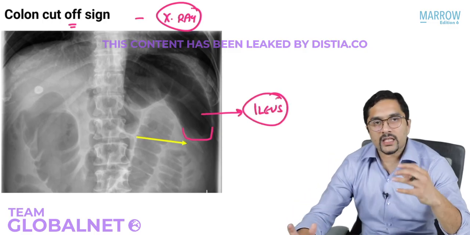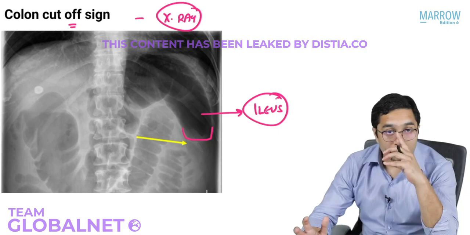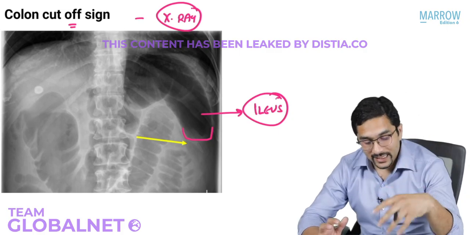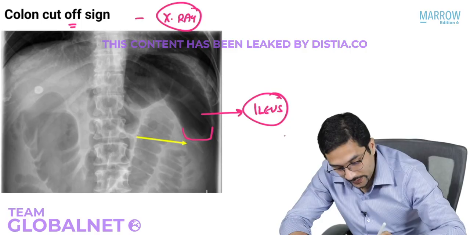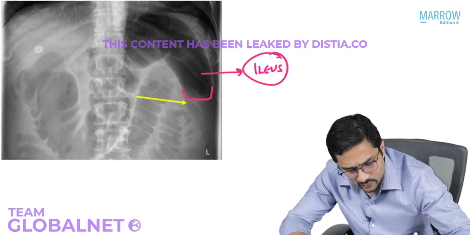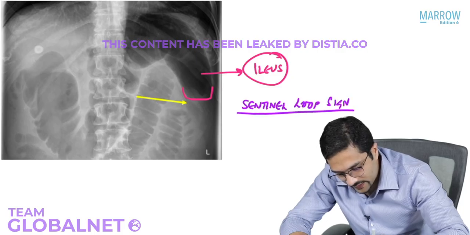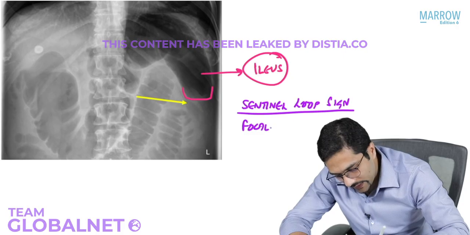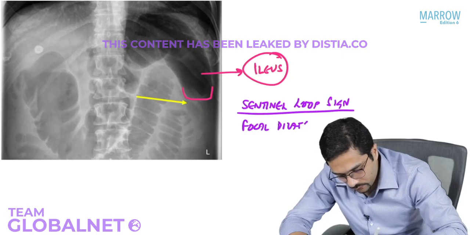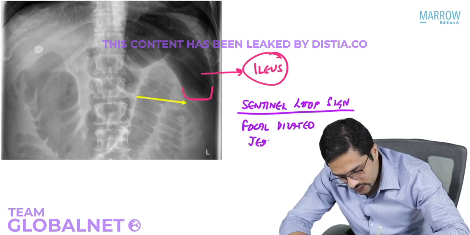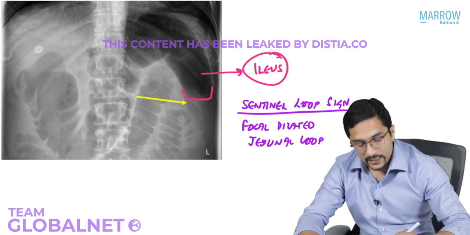Because there is inflammation in the abdomen, the bowel does not contract, there is ileus, and that can give rise to a colon cutoff sign. Similarly, you can have a sentinel loop sign. This also occurs because of ileus, and this is a focal dilated jejunal loop which can be seen, that is known as sentinel loop sign.